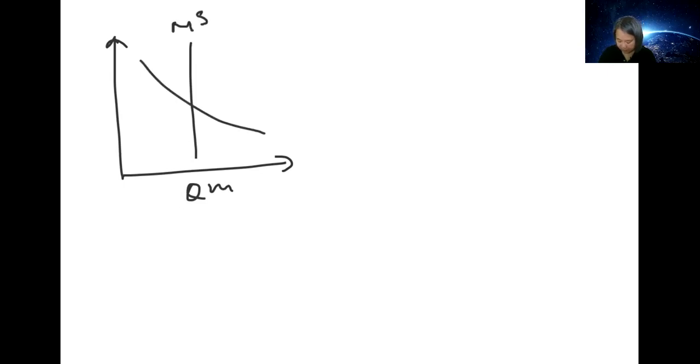Our money demand is the amount that people want to hold in terms of cash. You have to think that cash pays you no interest, it doesn't pay you any earnings. So a rational individual will probably want to keep most of their cash in some type of investment, either stocks, mutual funds, or bonds.